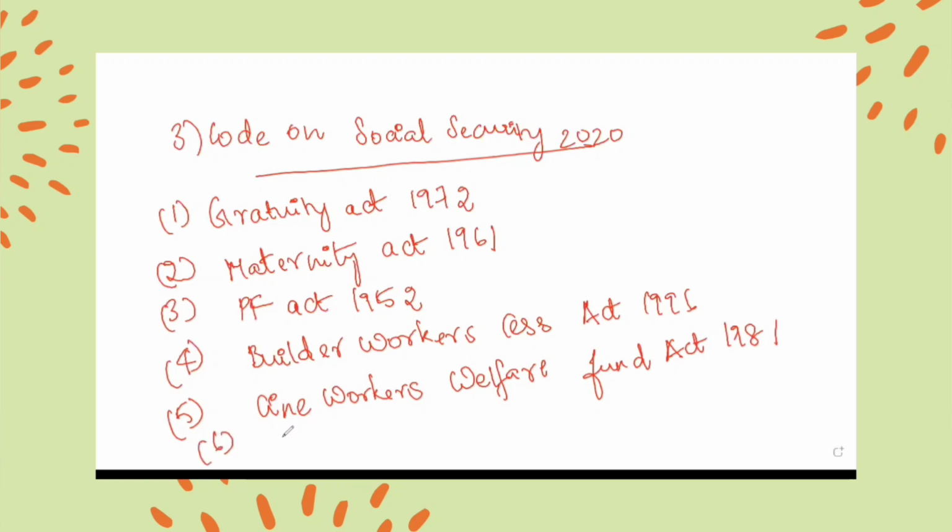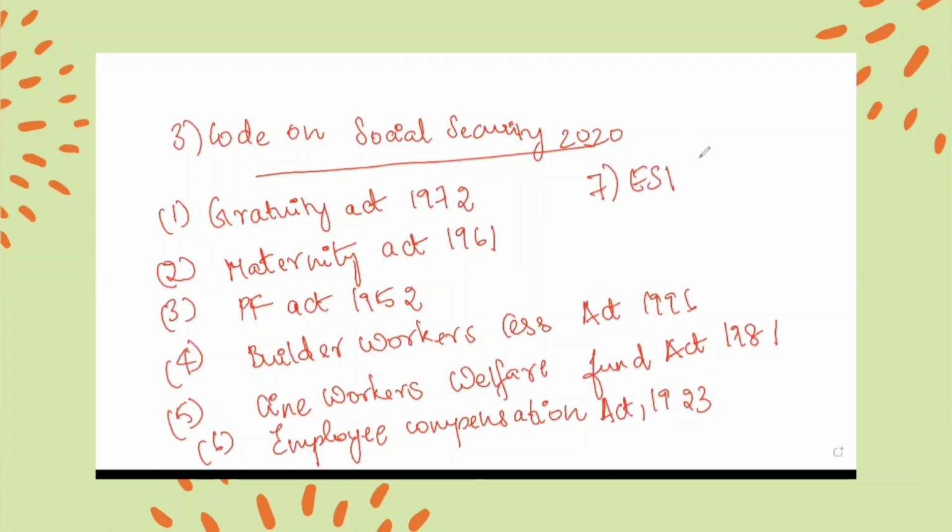And of course, you cannot forget our old act, the Employee Compensation Act, which is again a social security for all your partial or permanent disablement. Continuing with the seventh one, the Employee State Insurance Act 1948.